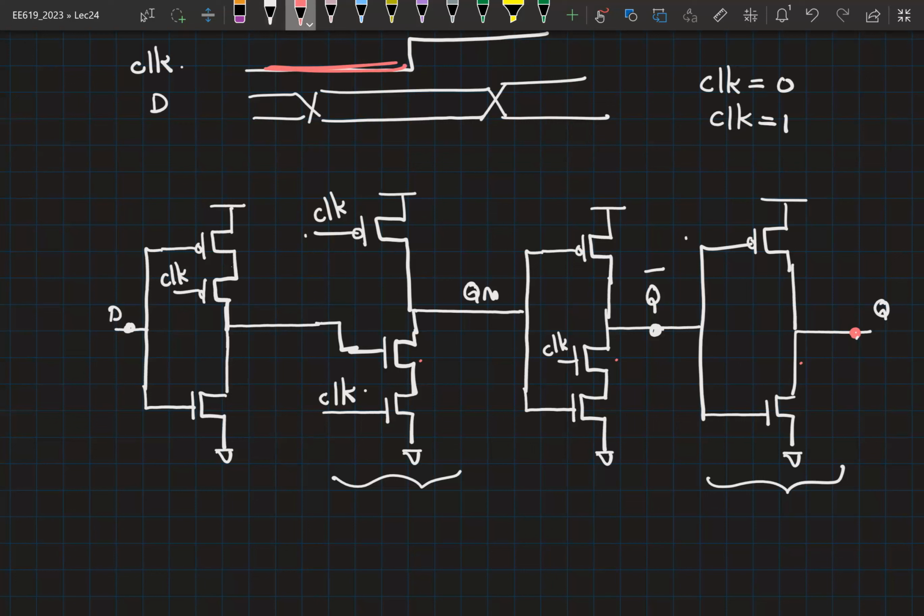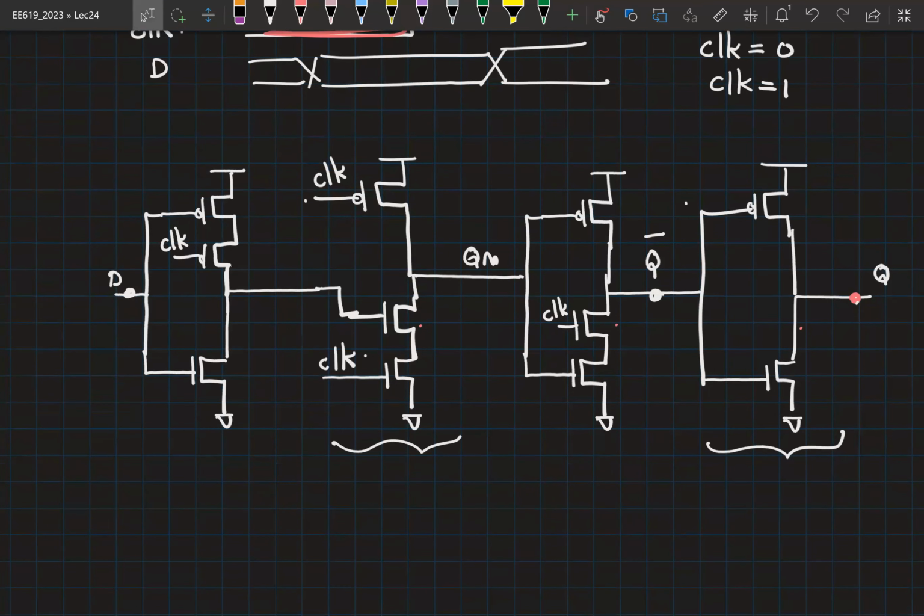So initially you can analyze it for this part of the clock phase where your data is not changing. So go ahead. Clock is equal to 0. How does the circuit behave? Let me also name every node properly. So we'll call this node X, node Y, Q bar, and Q.